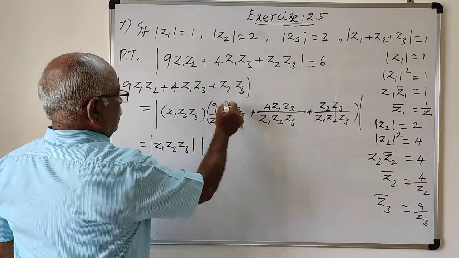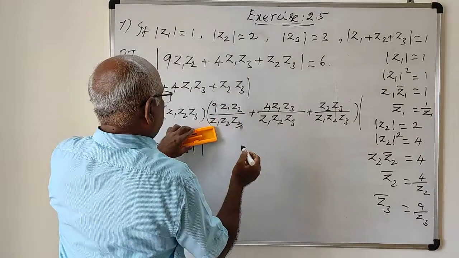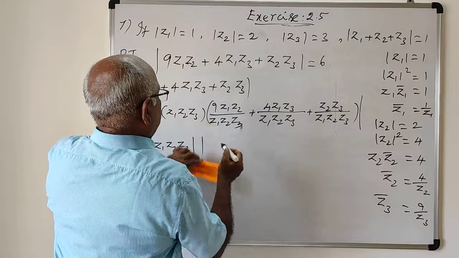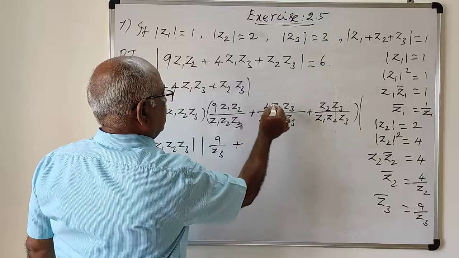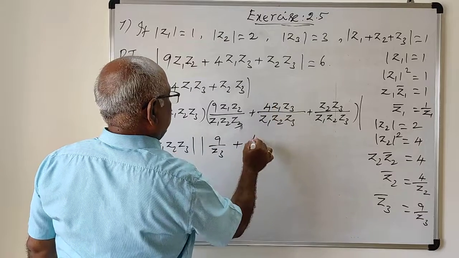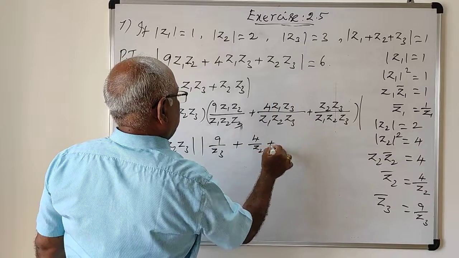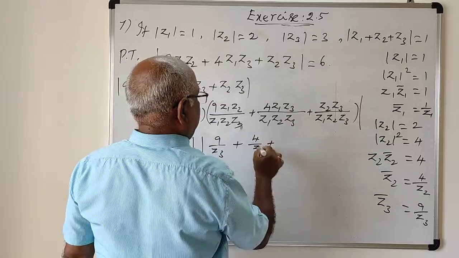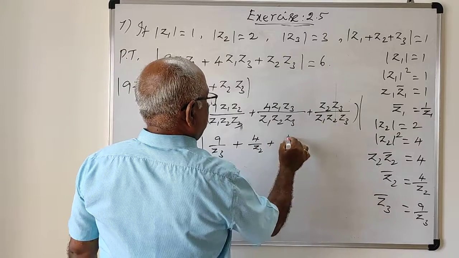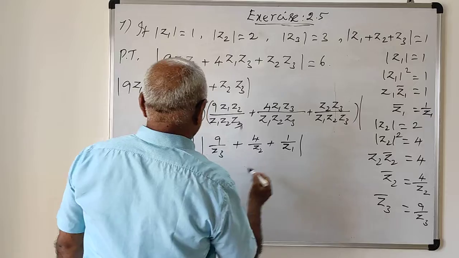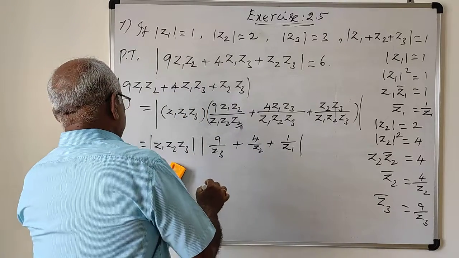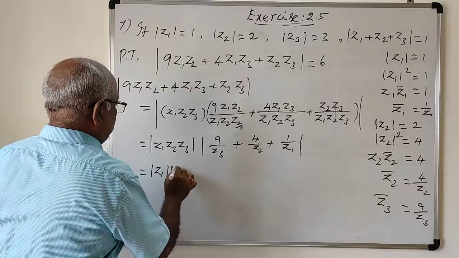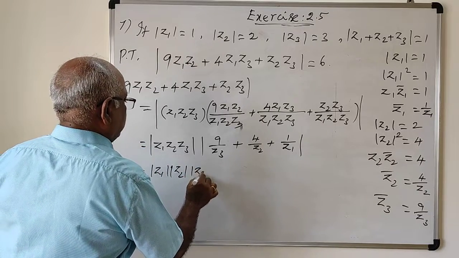Now Z1, Z2 cancel both in the numerator and denominator, I will get 9 by Z3 plus, Z1, Z3 cancel, you will get 4 by Z2. Similarly, Z2, Z3 cancel, you will get 1 by Z1. This is mod of Z1, we can split mod of Z1 into modulus of Z2, modulus of Z3.